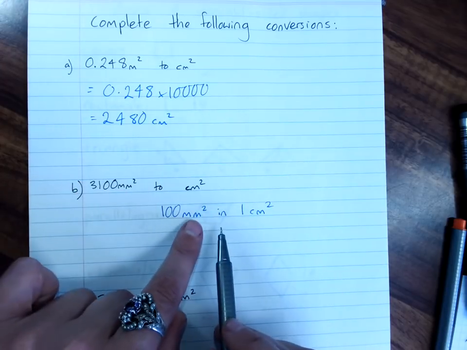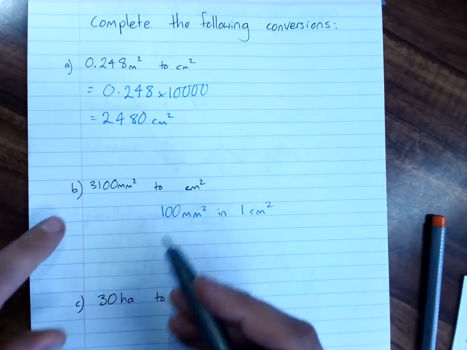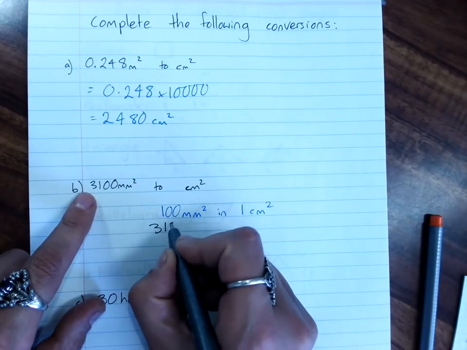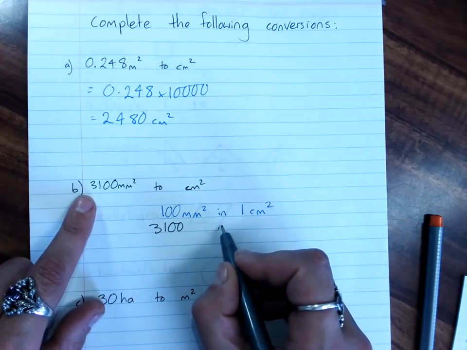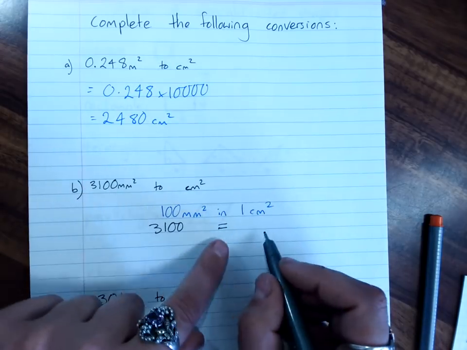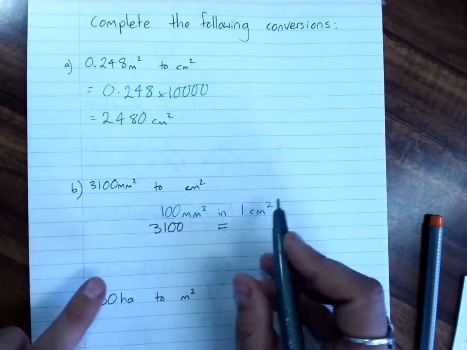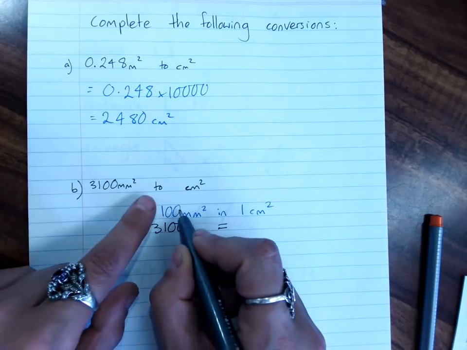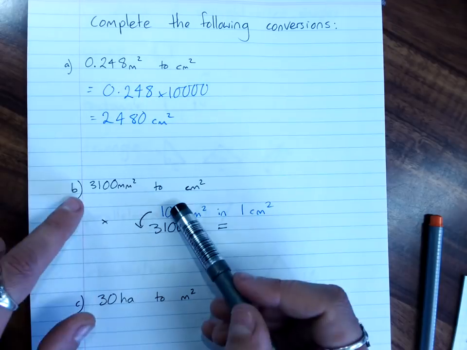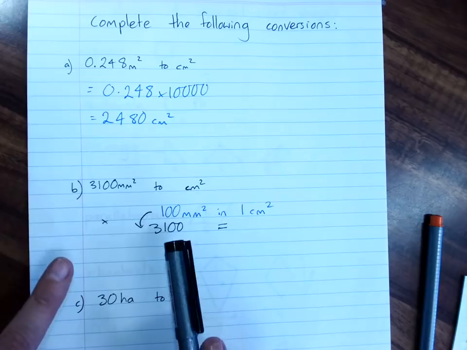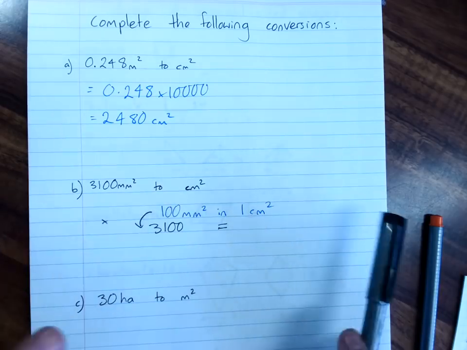So we've got millimetres squared. We're going to put it in here, 3,100. And you can write equals or 2 or whatever. You've got to work out what we multiplied by here. Remember, if you can't work out what we multiplied by, your trick is divide back.